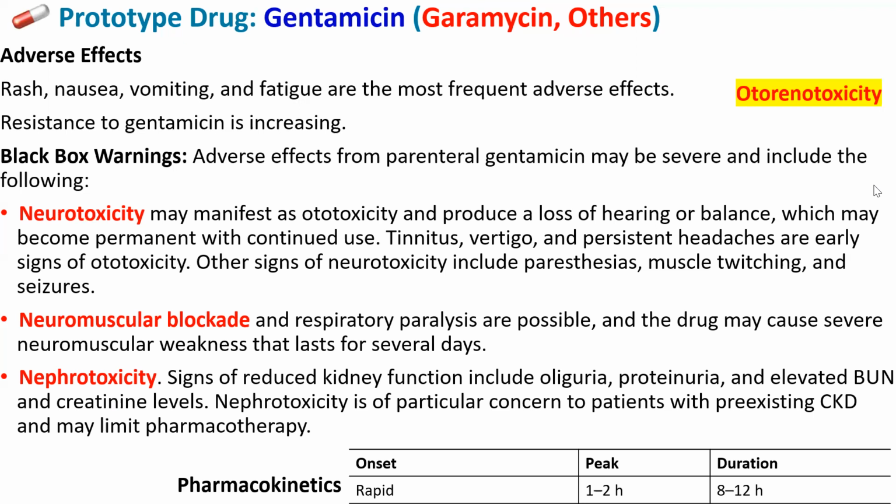Nephrotoxicity is of particular concern to patients with pre-existing chronic kidney disease and may limit the pharmacotherapy. Again, concurrent use with other nephrotoxic drugs should be avoided.